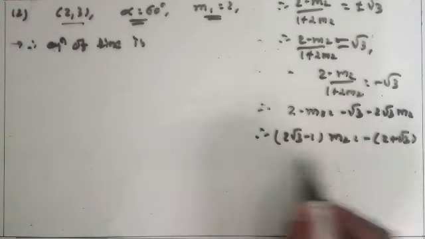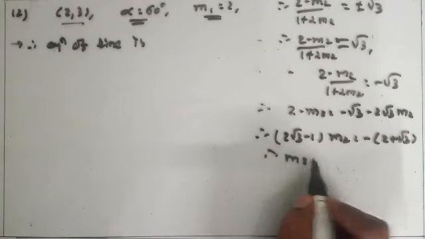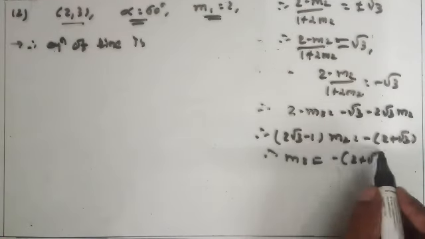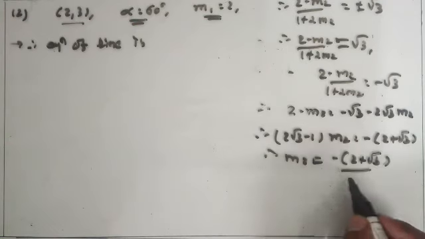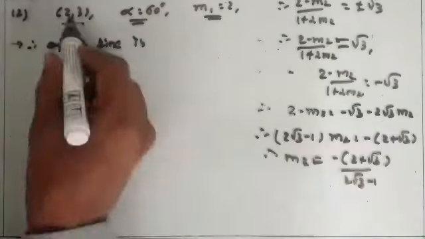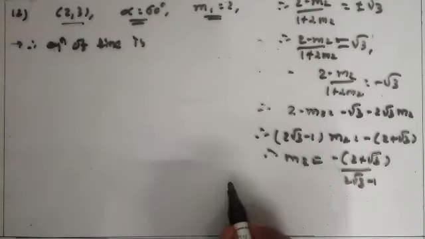Clear? Therefore m2 is equal to minus (2 plus root 3) upon (2 root 3 minus 1). Now using this slope and the point, get the equation of a line.